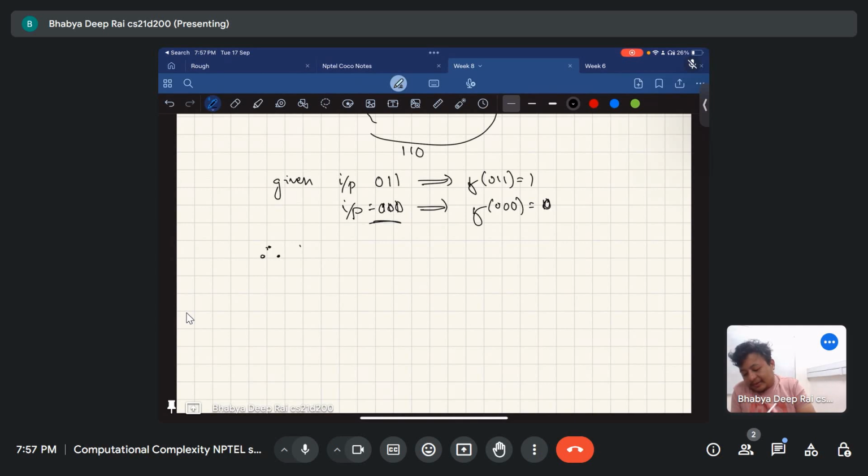Therefore, there exists a monotone circuit, and the description of the circuit is explicit and computable. That is the nice thing.